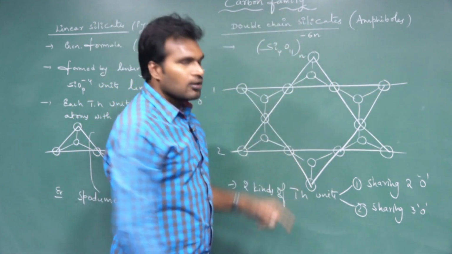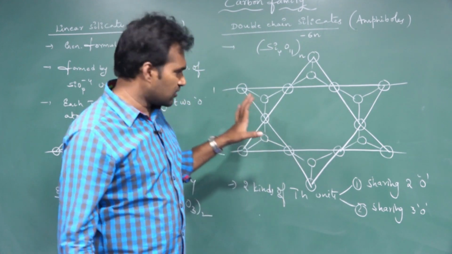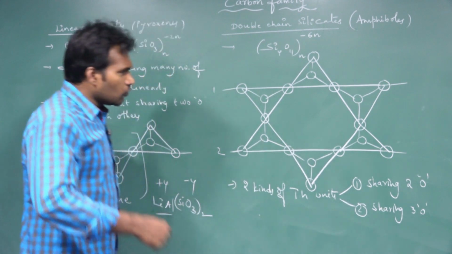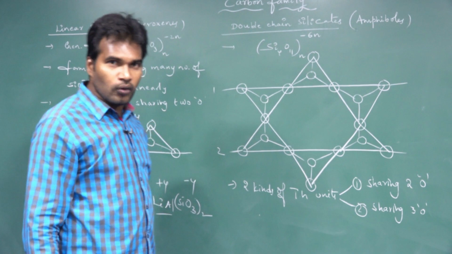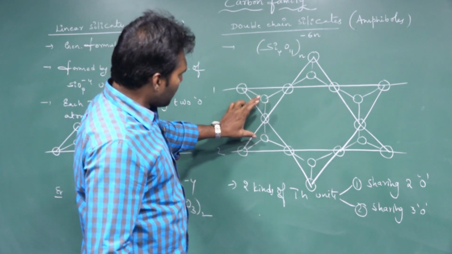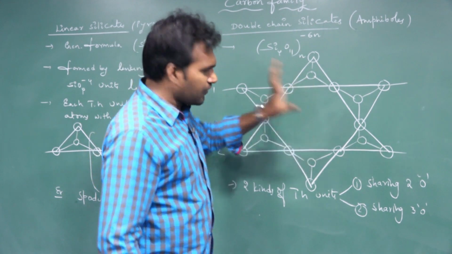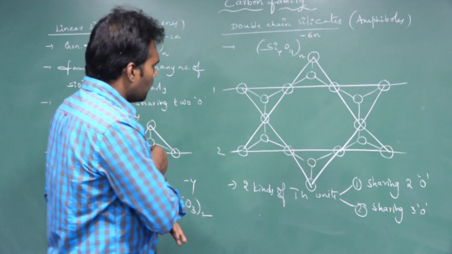All external tetrahedral units are sharing only 2 oxygen atoms. If you look at the structure, you can observe this. Coming to what the monomeric unit is here: the 2 internal tetrahedral units and 2 external tetrahedral units. So you should take this from where to where.